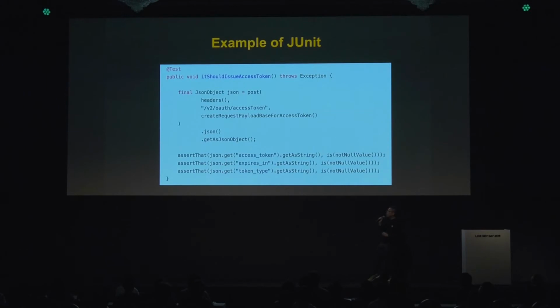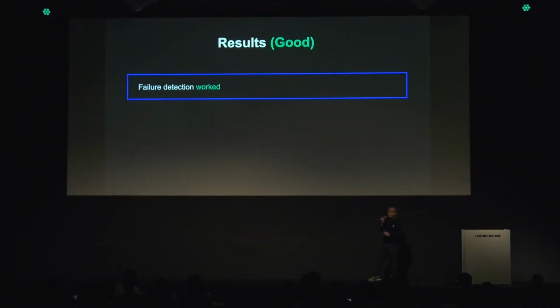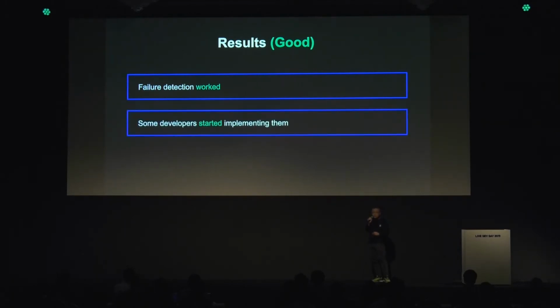As a result, how was it? The good points were, firstly, with CI and test automation, if there's a failure, we can notify, and it can be used as an alert. So we were able to confirm that it works as an alert so that we can notify people and alert them to take actions. And since this is JUnit, some developers started to write the test code.